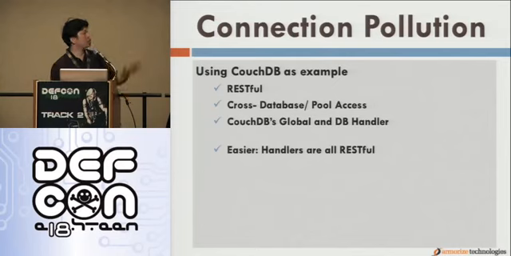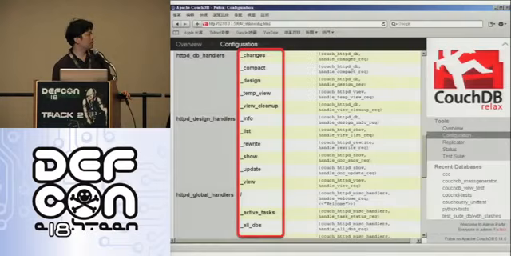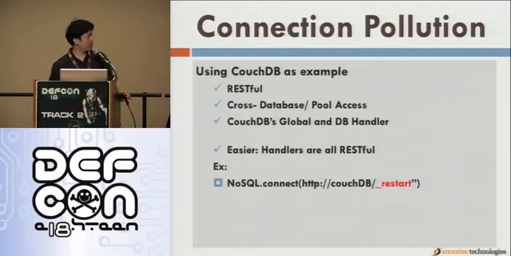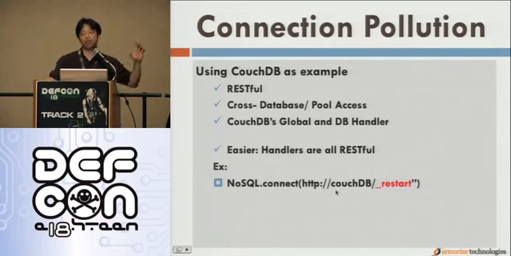So this creates some attack vectors that are easier than before. For example, if we can somehow manipulate the connector here, then without further manipulation, just by manipulating the connector itself, we can restart a CouchDB database.